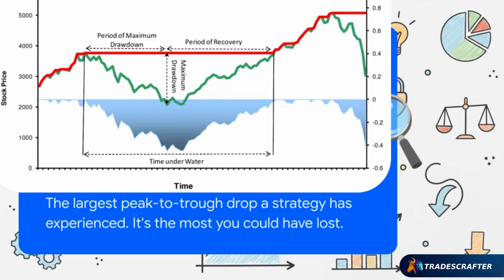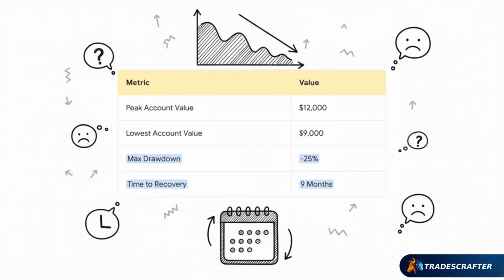And it has two critical partners, how long that drawdown lasted and how long it took to get back to even. And this is where it gets real. A 25% drawdown might not sound terrifying on paper, but look at that time to recovery, 9 months. Now ask yourself, really, could you handle watching your account be underwater for three quarters of a year before it even clawed its way back to where it started? That's the reality of risk that this number shows you.